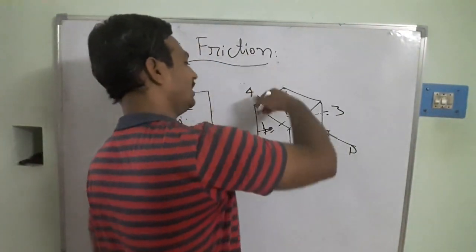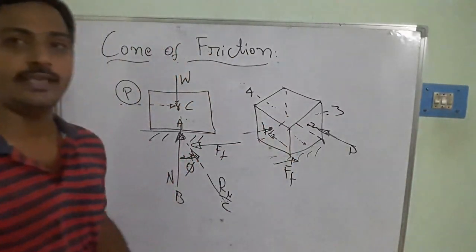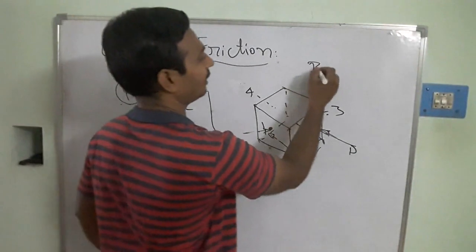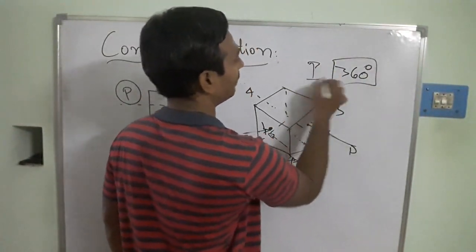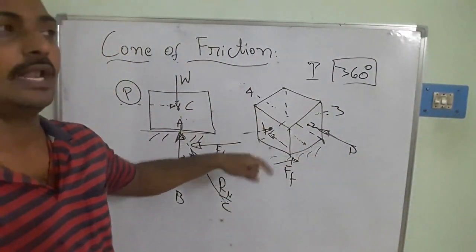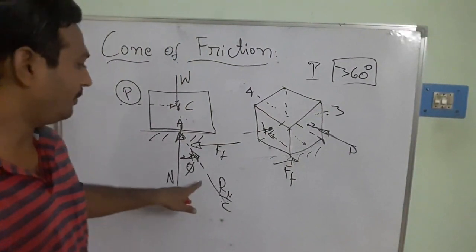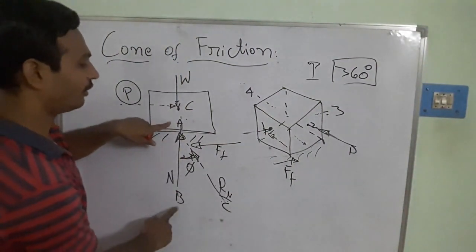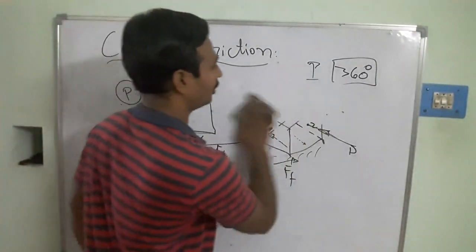When I apply it elsewhere, the frictional force comes opposite to this. I applied P in the 360 degree directions on this body and found the frictional forces. AB is kept constant and AC is made to rotate about it, so I draw that over here.